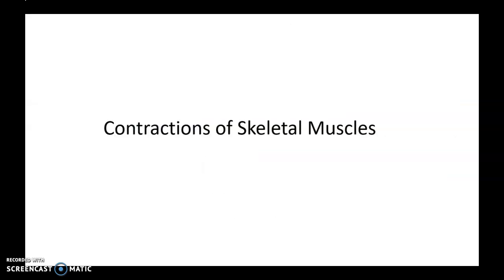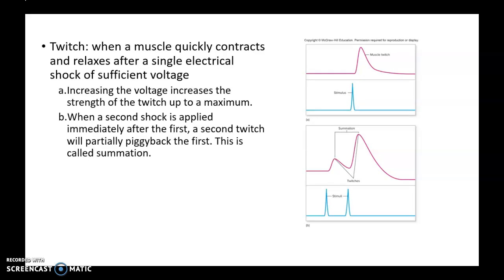Okay. Moving on to contractions of skeletal muscles. Okay, before I talk about these, I want to point out one thing really, really important.